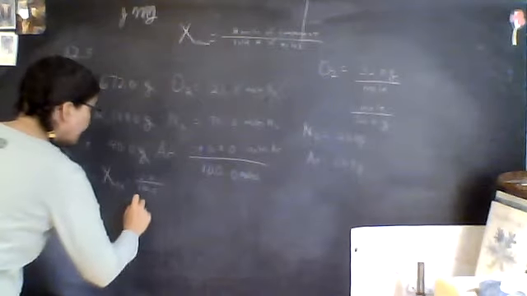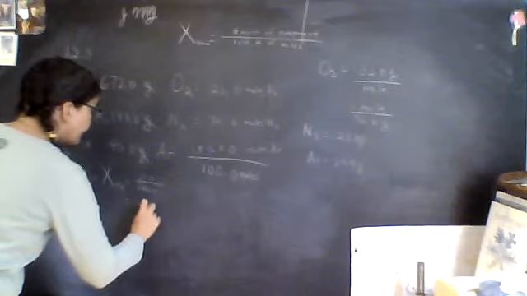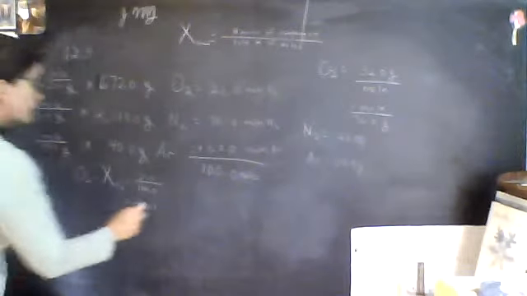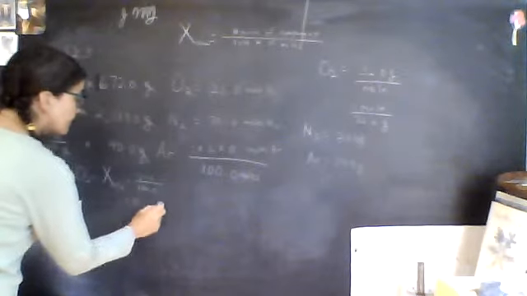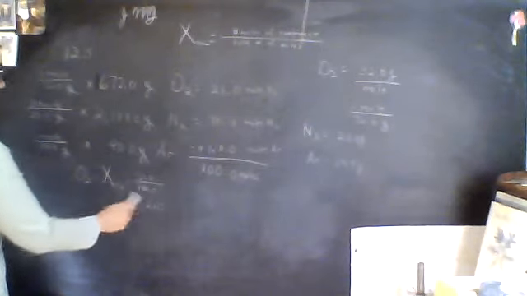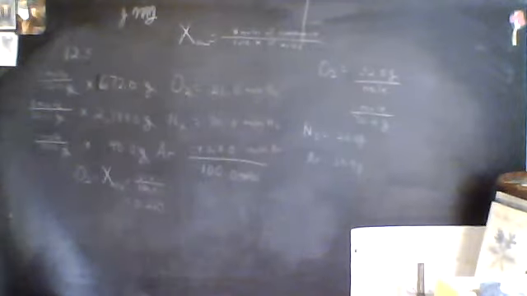How do you write 21 hundredths? It's simple. How many decimals should we have? We want 3 significant digits, right? 1, 2, 3. This has 4, so we want 3. So the X of the O2 is 0.210.